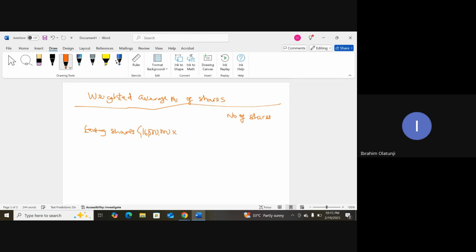So multiply by, you now prorate. When you prorate, how many months is that? Because it is existing share, it will be 12 over 12. So it is going to be the same amount. You still have 16 million.